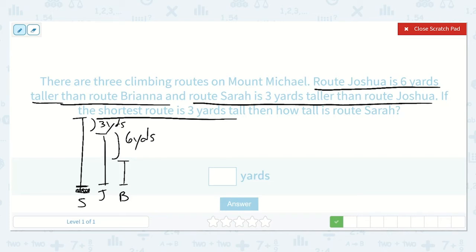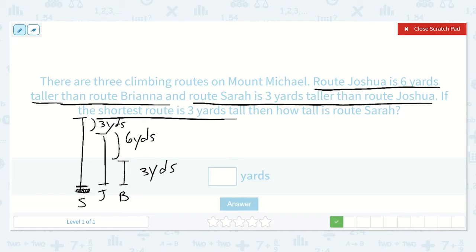So they said if the shortest route is 3 yards tall, then how tall is Route Sarah? The shortest route, which I can see is this one here, this one's Brianna's. So this is 3 yards. Good. They want to know how tall Route Sarah is.